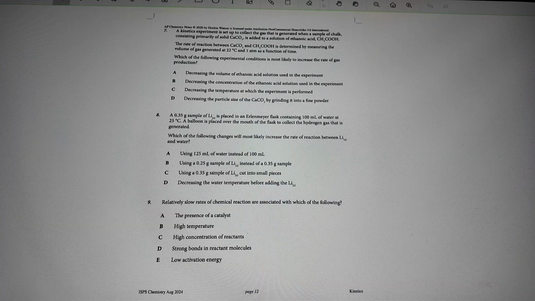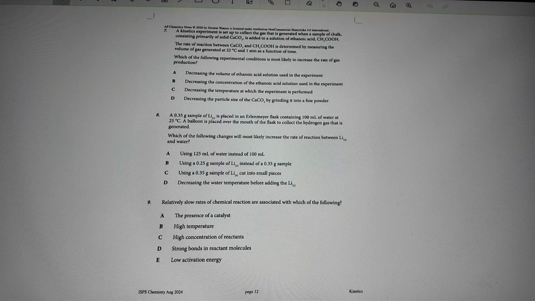A kinetics experiment is set up to collect the gas that is generated when a sample of chalk consisting primarily of solid CaCO3 is added to a solution of ethanoic acid, CH3COOH.